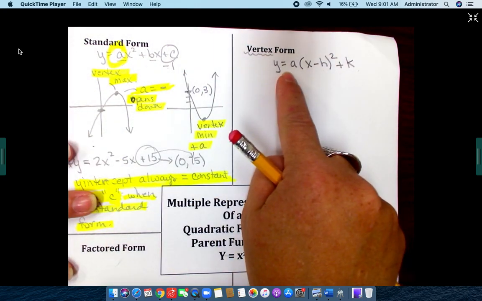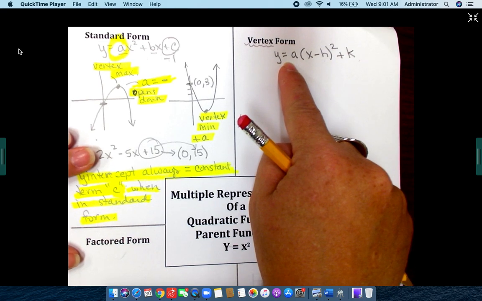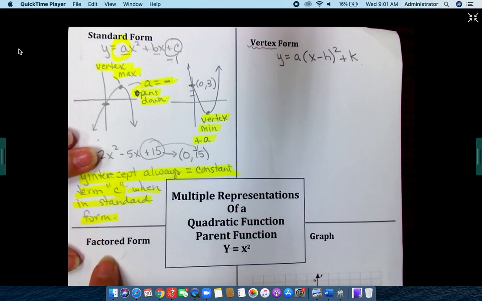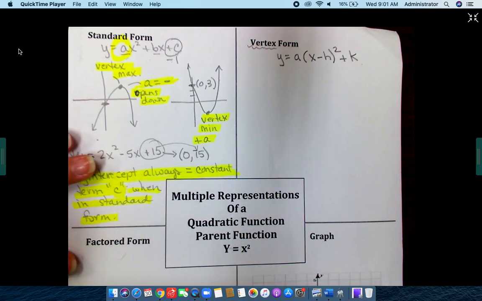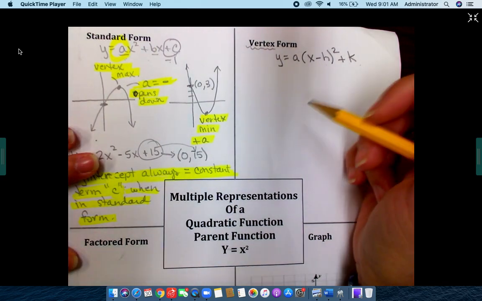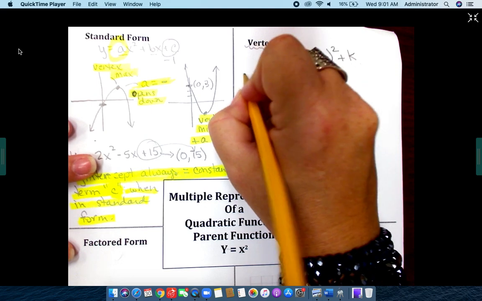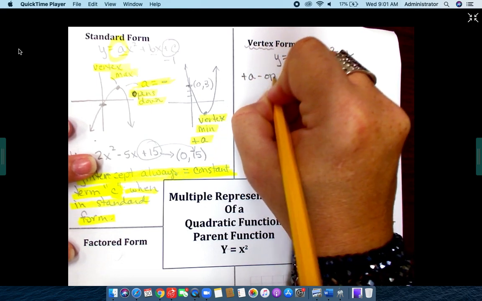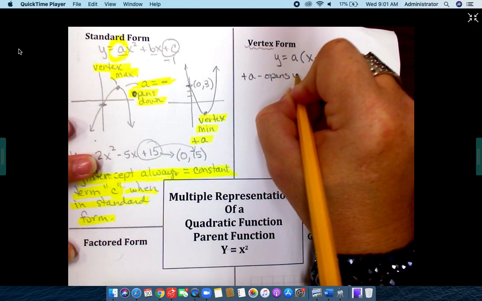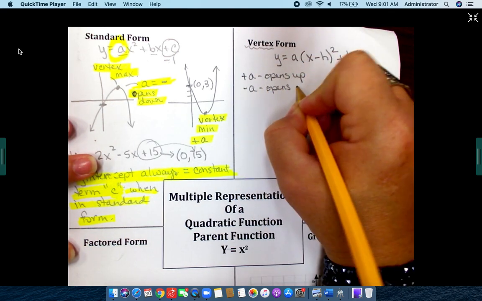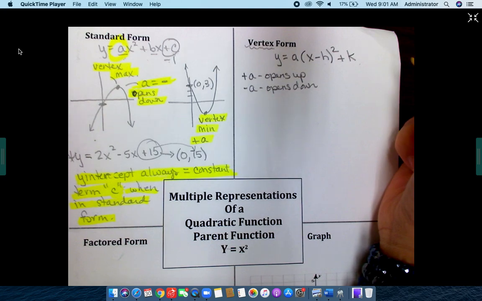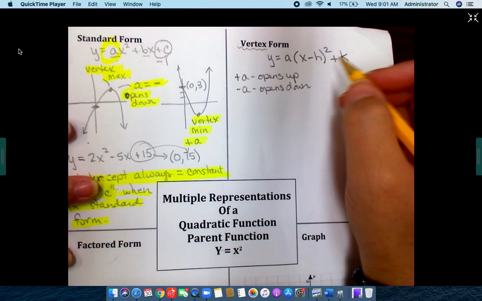The same is true about a here in vertex form, as it will be tomorrow when we cover factored form. The a value always tells you the direction of the opening. The sign will indicate the direction of the opening. So again, if we have a positive a, it will open up, and a negative a means it opens down. So that's an important feature about vertex form as well.